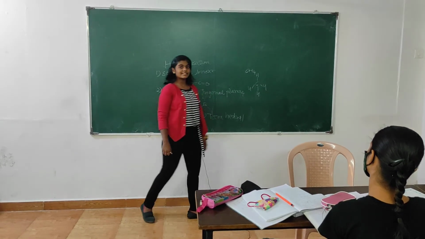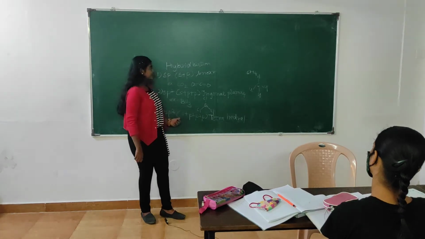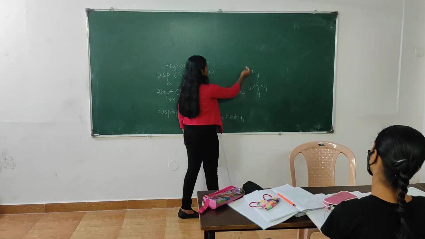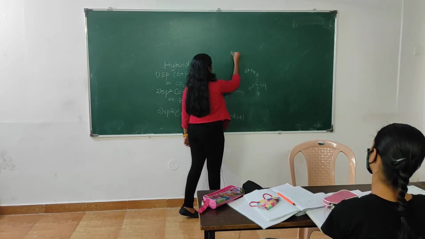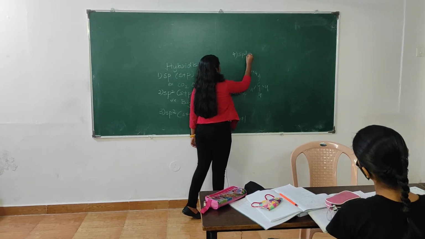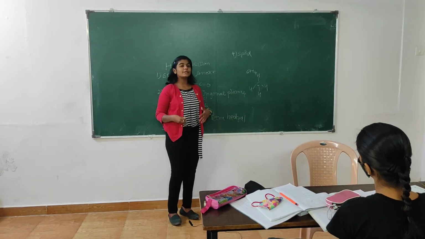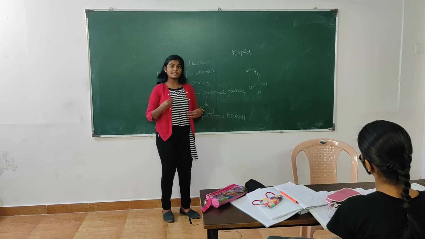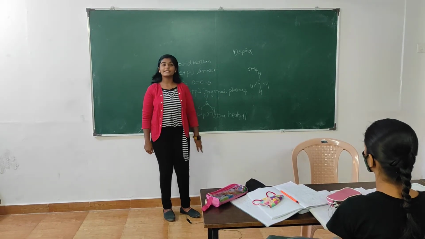The next hybridization that we have is sp3d hybridization. I hope you all know why we do not take sp4 hybridization: because in the p orbital we have only 3 shells.